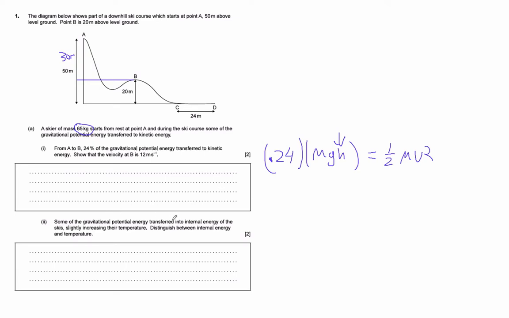Then it says some of the gravitational potential is turned into slightly increasing the temperature, and this is something from next year. Internal energy, basically, if you think about all the atoms in a solid, in this case the skis, are a bunch of atoms moving. If you add up the sum of their kinetic energies, that is the internal energy.